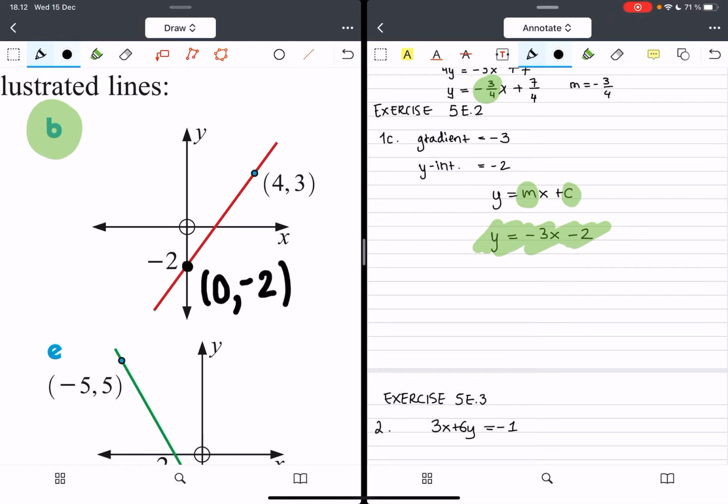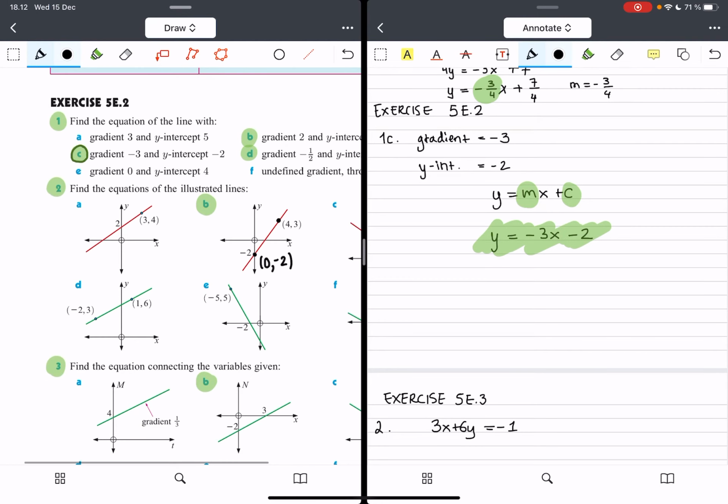So now you have 2 points, the 0, negative 2 and the 4, 3. And we saw in the theory video how you can find the gradient and equation of a line with 2 given points.